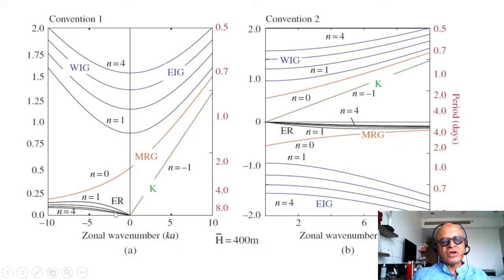You have the equatorial Rossby waves here, which you can see change slope at some point for different meridional modes. Then for n equal to 0, you have this mixed Rossby gravity wave, which at low frequencies begins to approach the equatorial Rossby wave solution, and at high frequencies it begins to head towards a gravity wave parallel to the Kelvin wave, which we will look at in some more detail, which is n equal to -1.